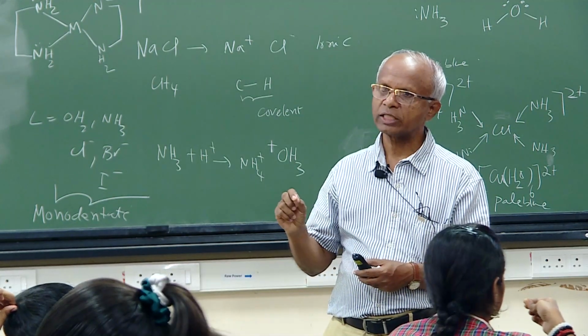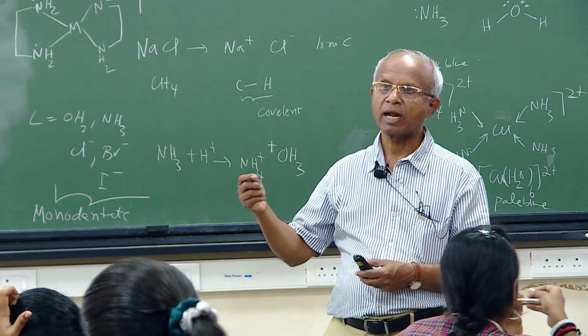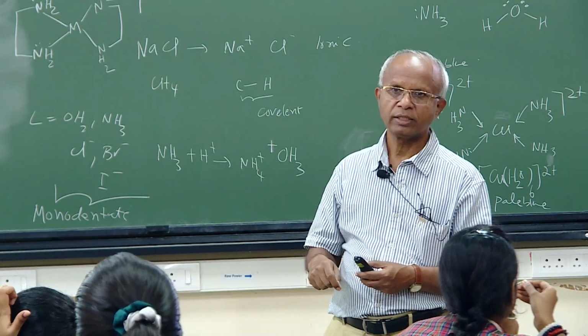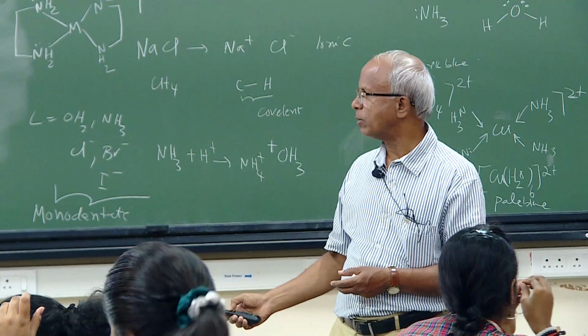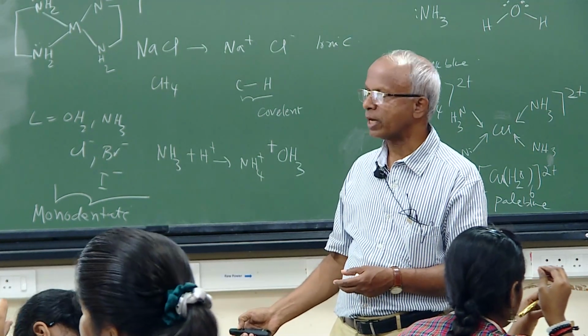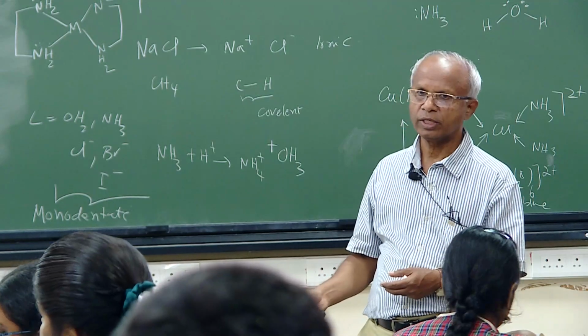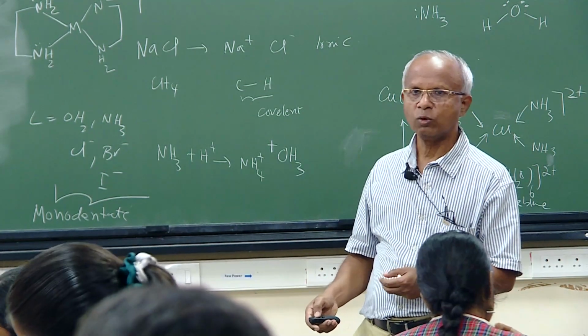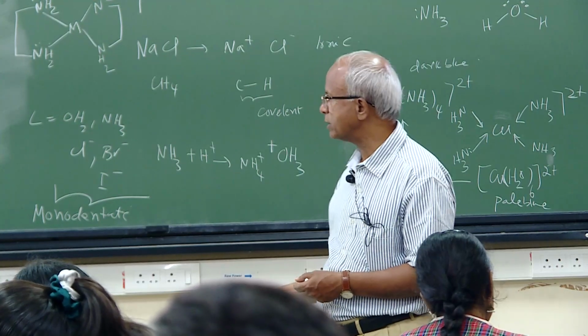So it will be able to transfer probably part of the electron density to the antibonding orbital, and it will not be as charged as the neutral compound, for example chloride. In the case of CN minus, it is square planar, but in the case of chloride it is tetrahedral. So see the difference between the two ligands.